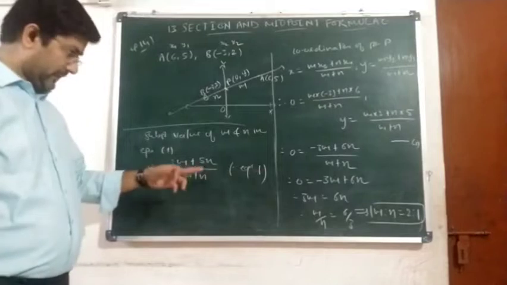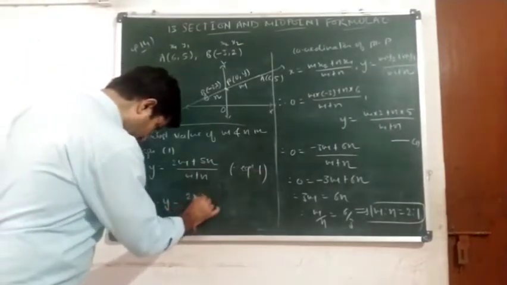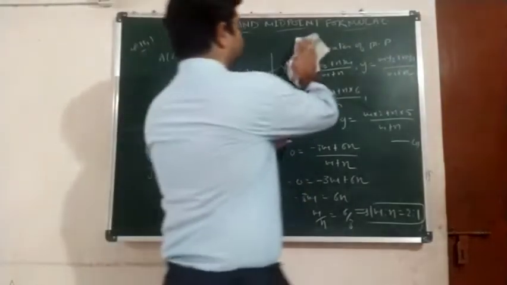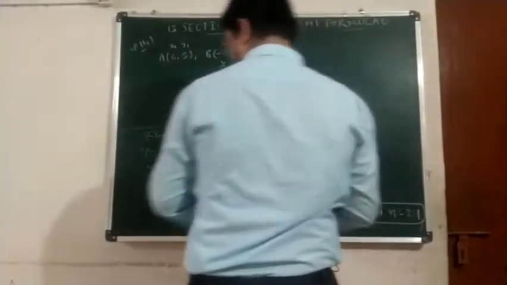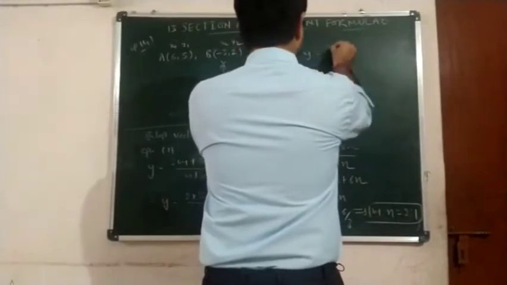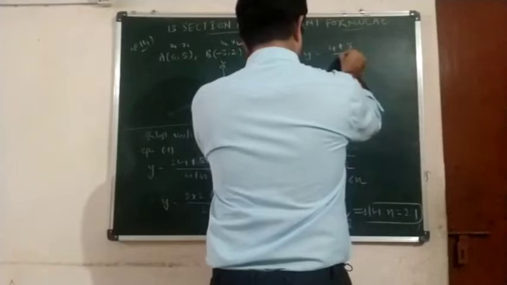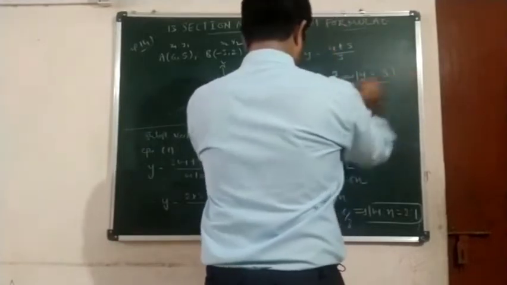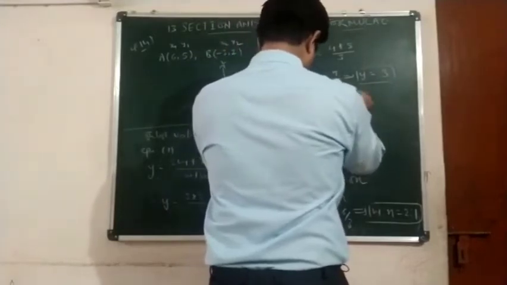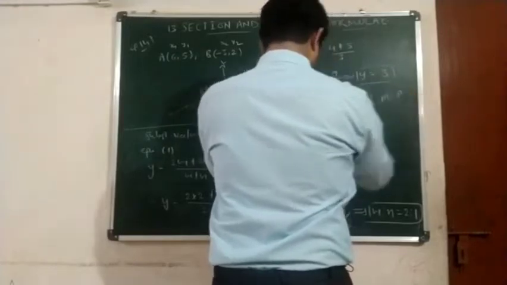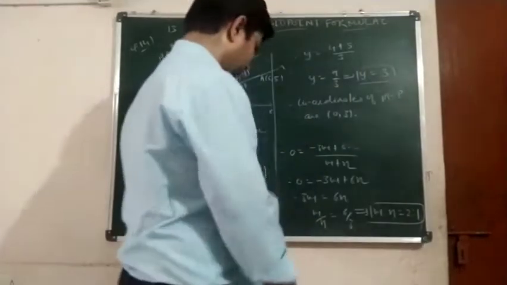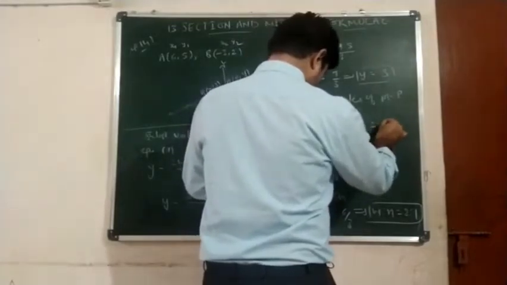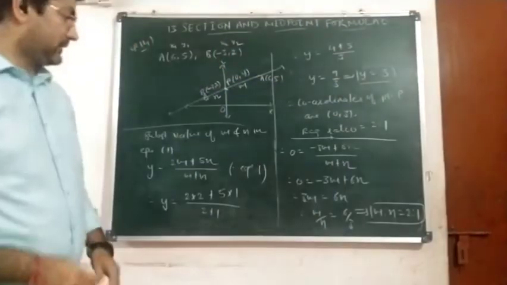Here for m we will put 2 and for n 1, and therefore y is equal to (2 into 2 plus 5 into 1) upon (2 plus 1), and therefore. Clear? Please note down fast.